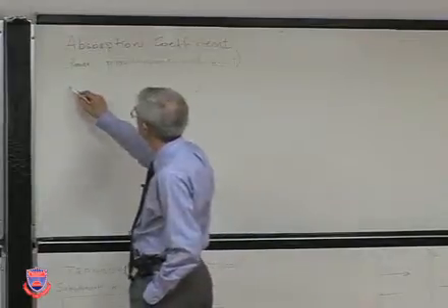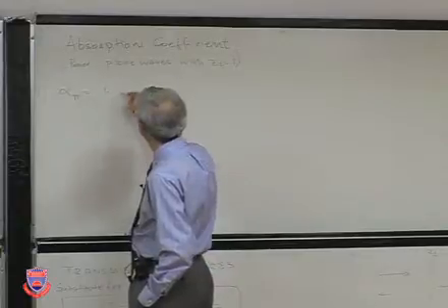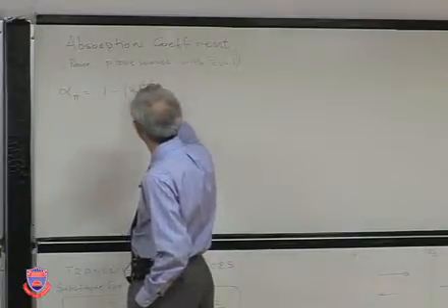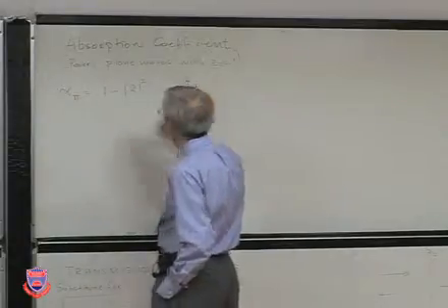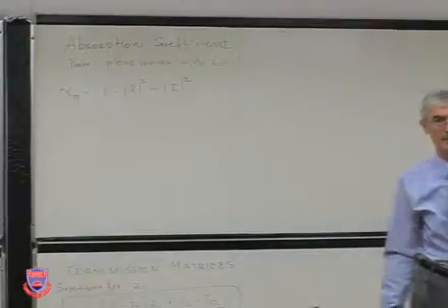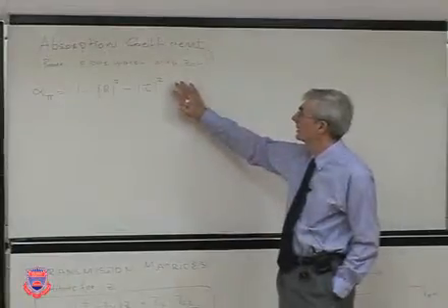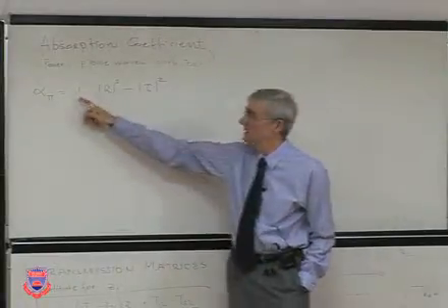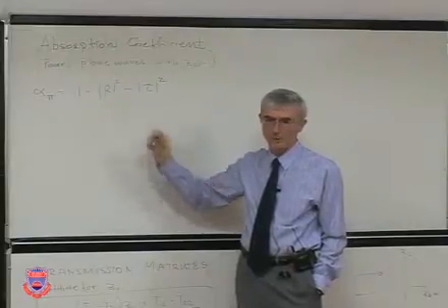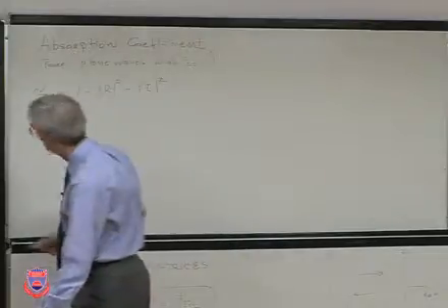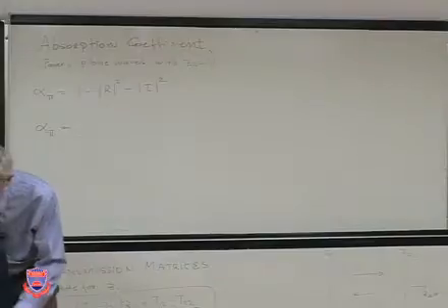And the power absorption coefficient is the difference between incident, reflection and transmission. If there's no absorption, of course, this would be zero, meaning incident power would be equal to what's reflected and what's transmitted. Make a note here.